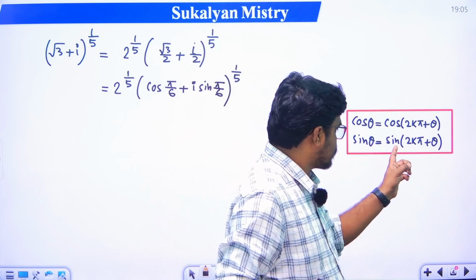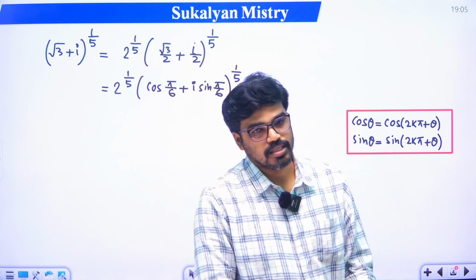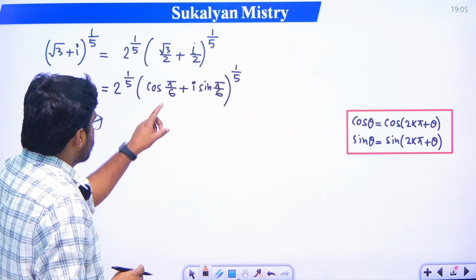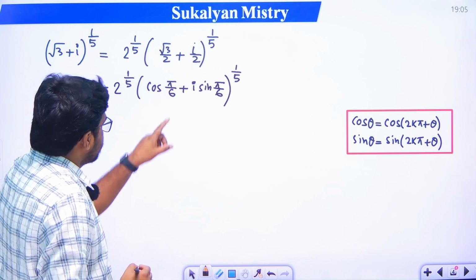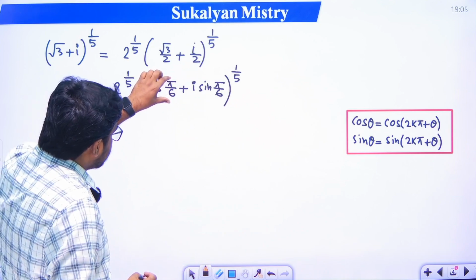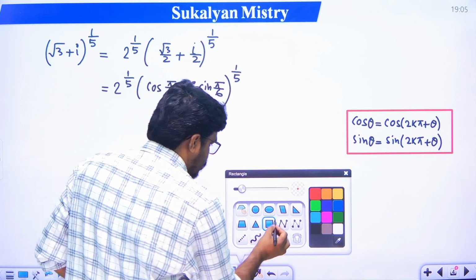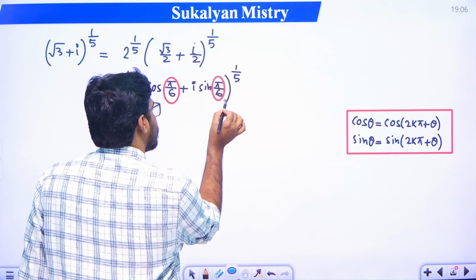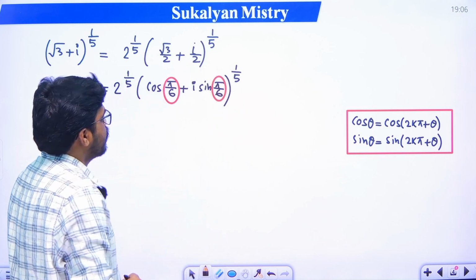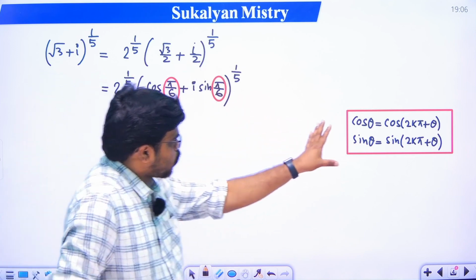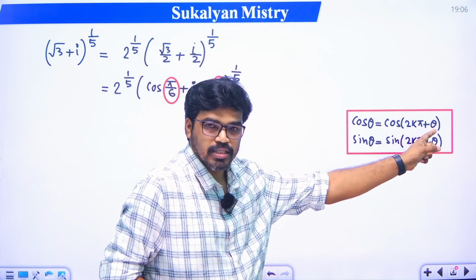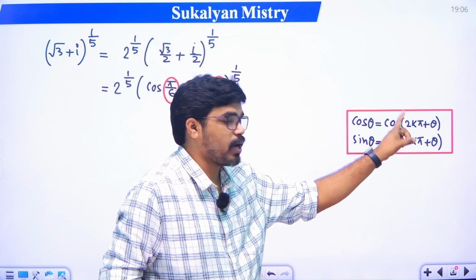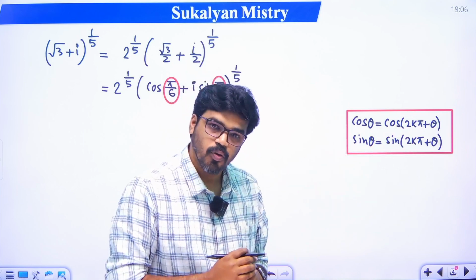Sin theta is sin 2k pi plus theta. Okay? Just consider this is theta. So cos theta is cos 2k pi plus theta. That means with the angle, that is the argument, you just add 2k pi. Okay?